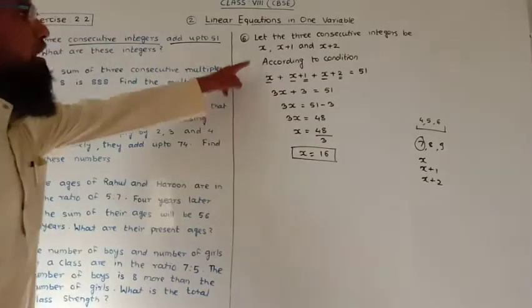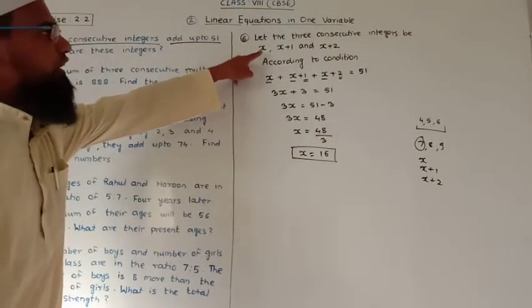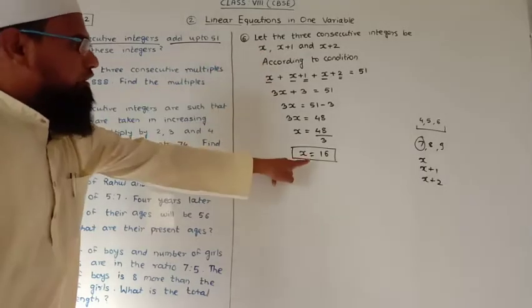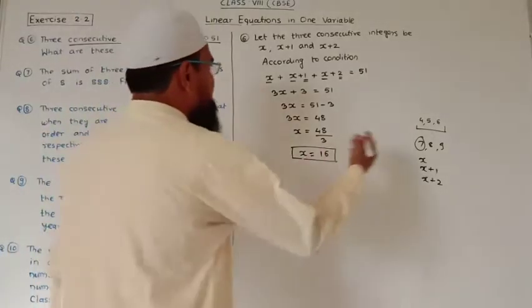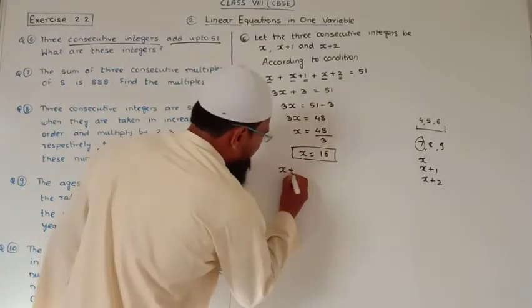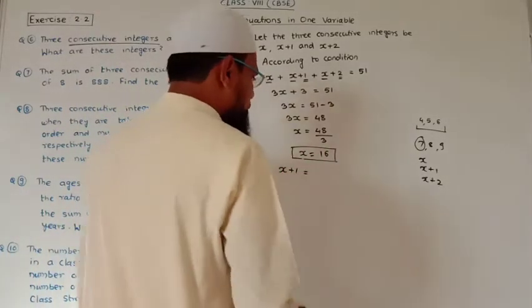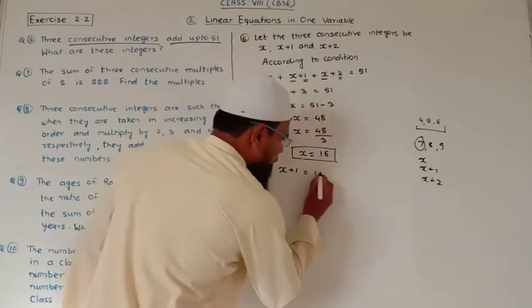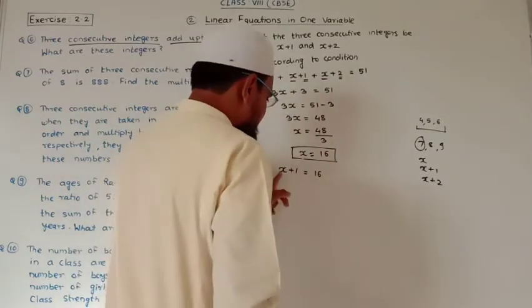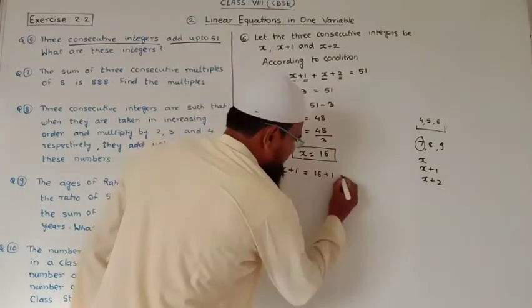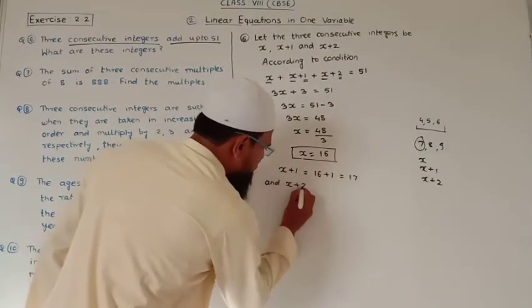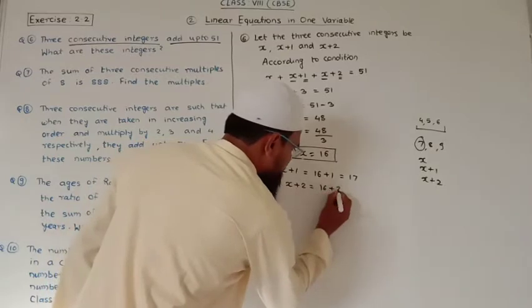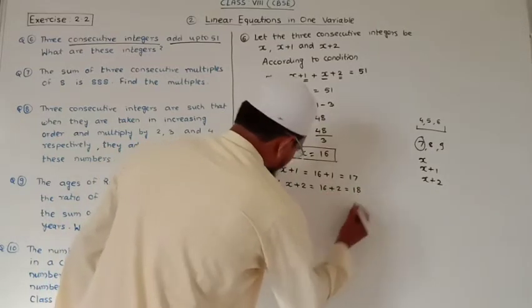So our smallest consecutive integer is 16. The next integer is x plus 1, putting the value of x, 16 plus 1 is equal to 17, and x plus 2 is equal to 16 plus 2, which is 18.